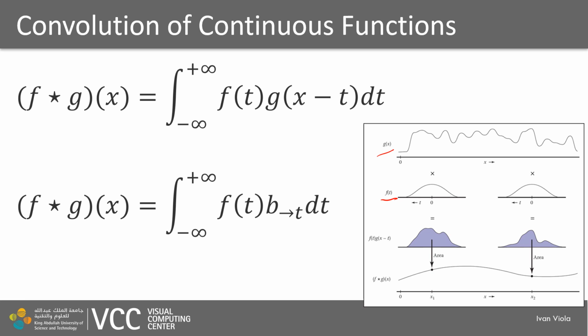But what is the interpretation of this convolution operation? So if we perform convolution at this position x of these two functions, what we will end up with is basically the function g scaled by the function ft.